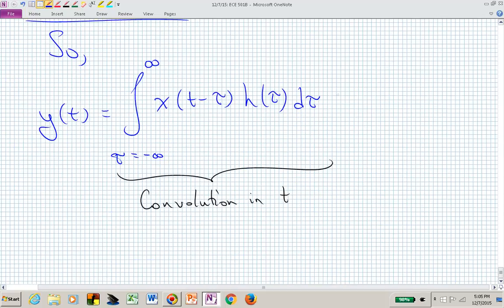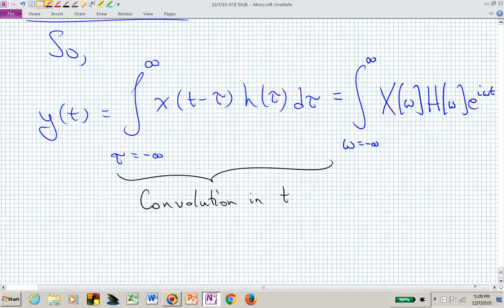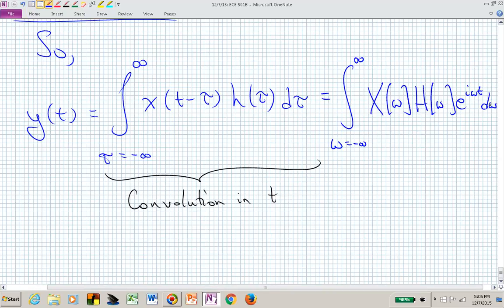That now should be equal to this expression of y of t in terms of omega coefficients, or omega weighting, meaning this is now equal to the integral from omega equal minus infinity to infinity of x of omega h of omega e to the i omega t d omega, where this is now the weighting of those eigenfunctions e to the i omega t for the output y of t.